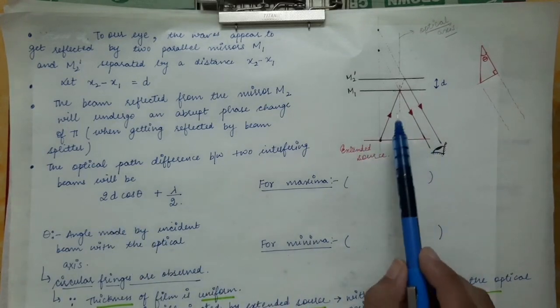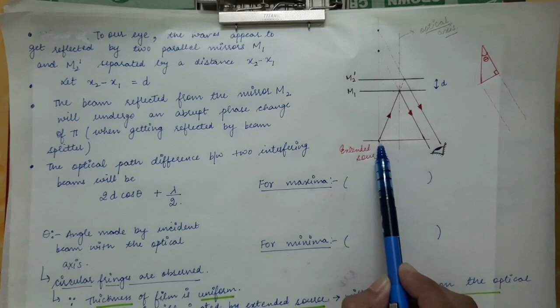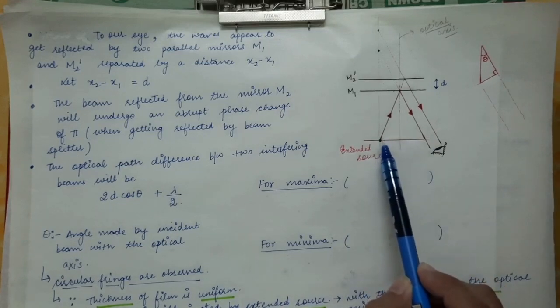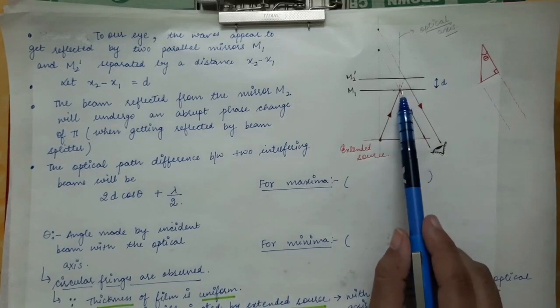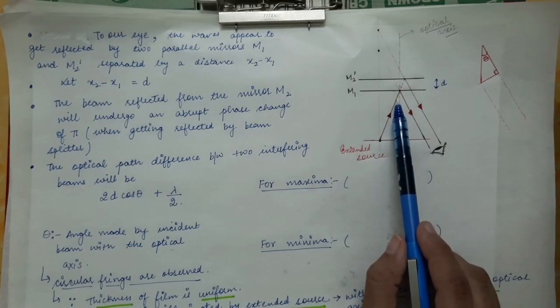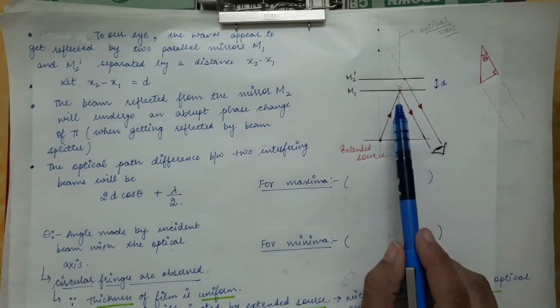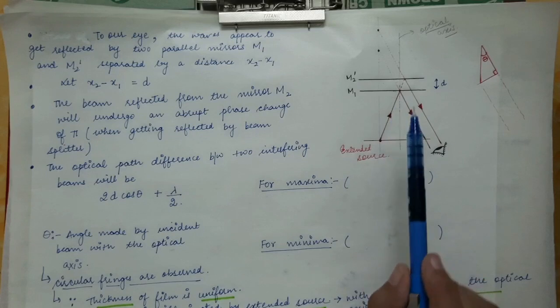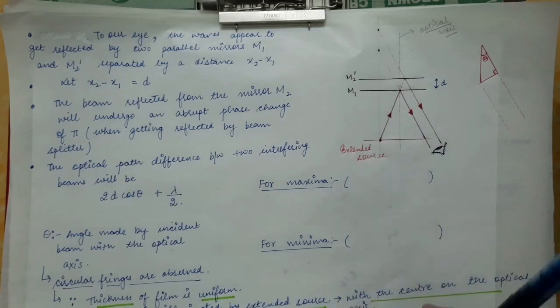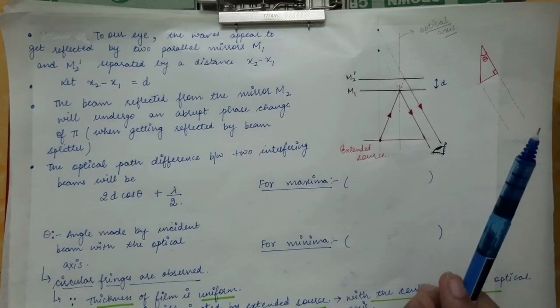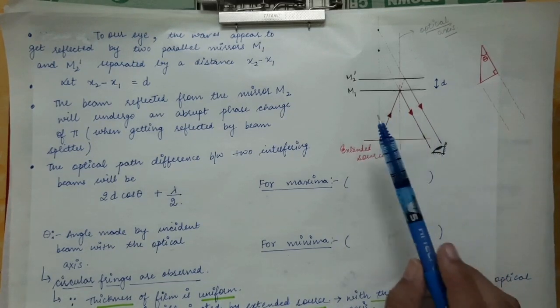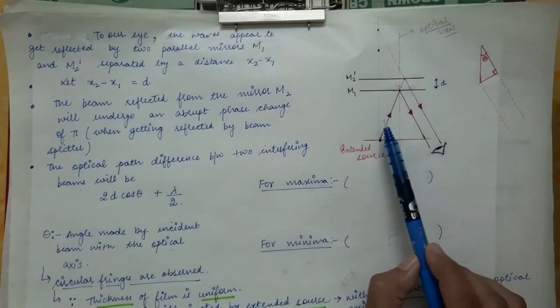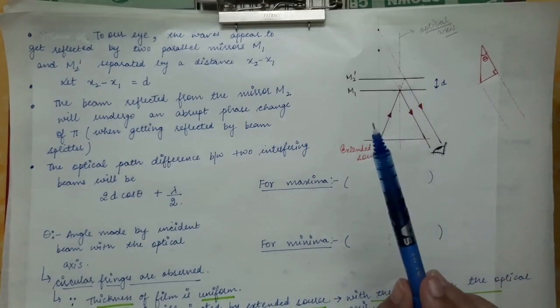So what is in this diagram? This is a point source that I have taken, and the light from the point source falls at any angle theta. In the last diagram the ray was falling on the mirrors at an angle of incidence equal to 0, but the ray can fall at any angle, because from the extended source the rays are not parallel. They can fall on the beam splitter at any angle, so on the mirrors also the ray can be incident at any angle.